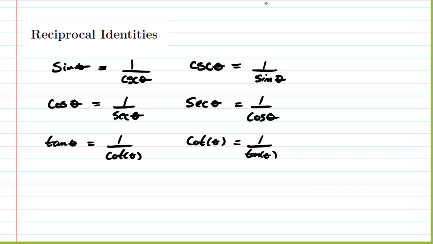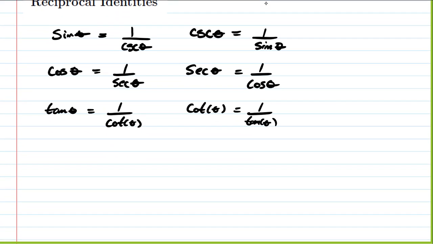And when we say an identity, we mean an equation that is always true. So one of the things we will need to do often in trigonometry is replace things with what they are equivalent to to either solve or simplify expressions. So if you ever have a cosecant, you can always replace it with a 1 over sine. So whenever we need these, we will always have them.